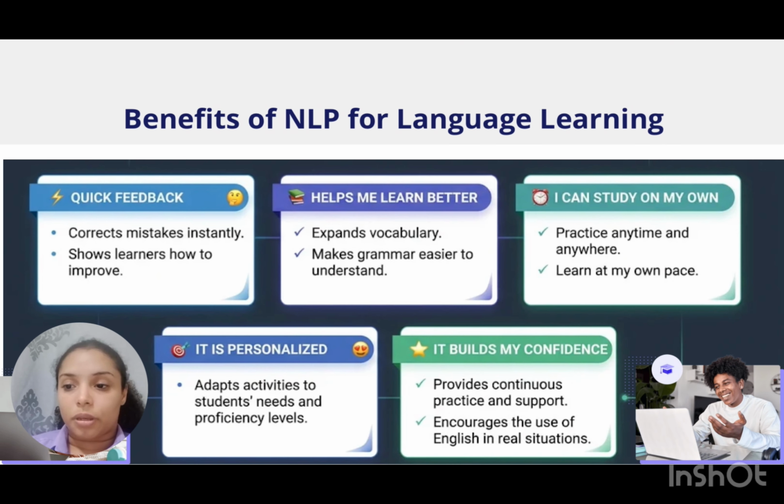Learning online helps me learn better. When I learn a new language, I need to list new vocabulary, new words, and apply them every day in grammar. This makes it easier: we expand the vocabulary and make the grammar easy to understand.